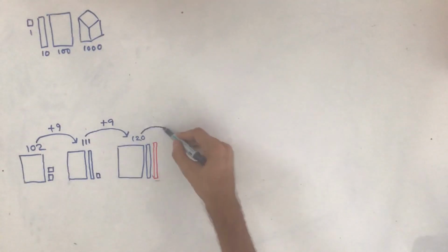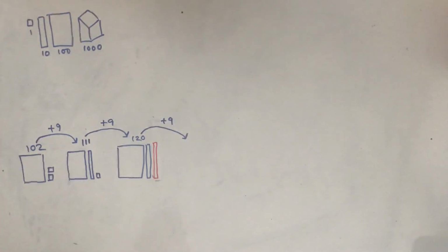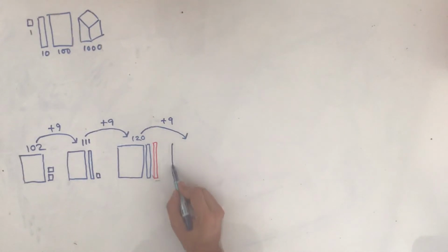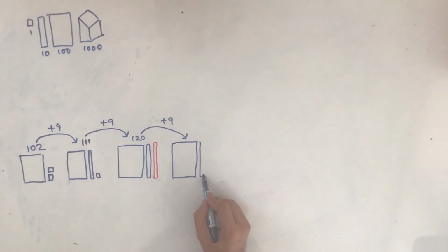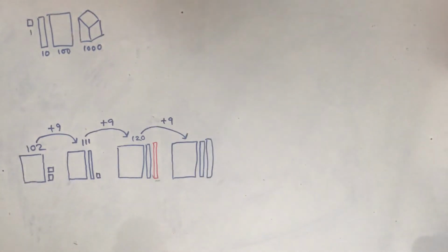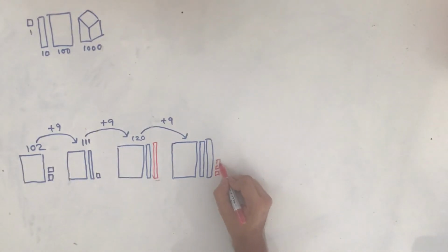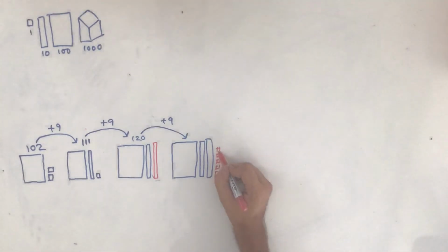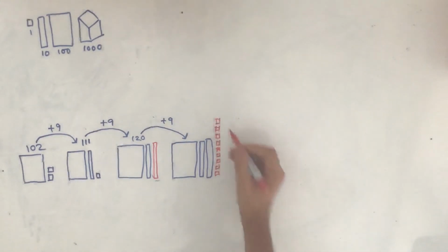Let's have one more go. And I wonder if anyone can spot a pattern in there. See if you can have a go at finding the pattern as I'm drawing. If you can't, it's fine. Maybe you can have a think about it later on. There's 120. 1, 2, 3, 4, 5, 6, 7, 8, 9.